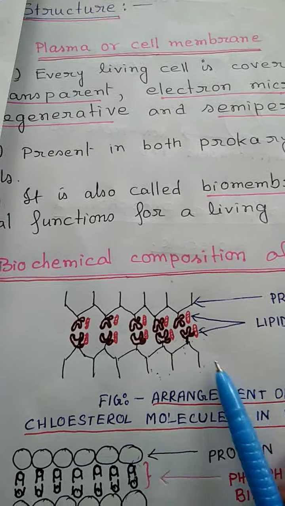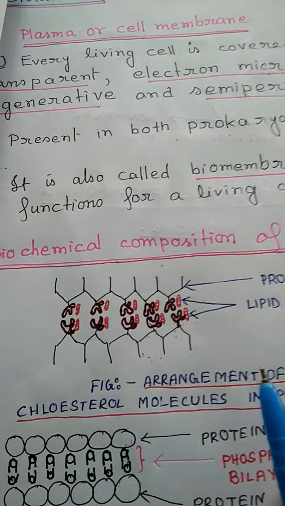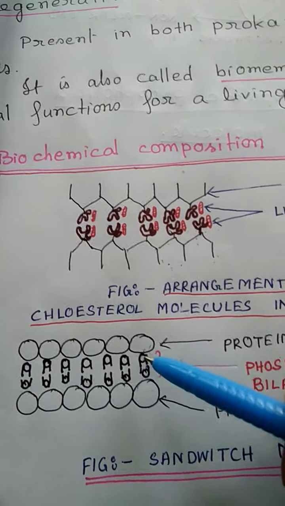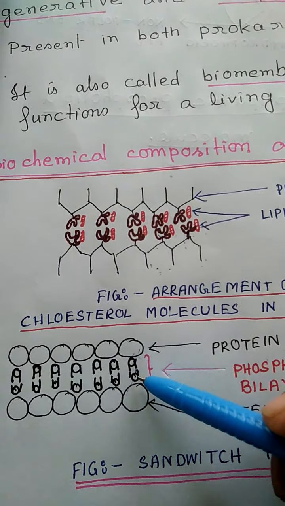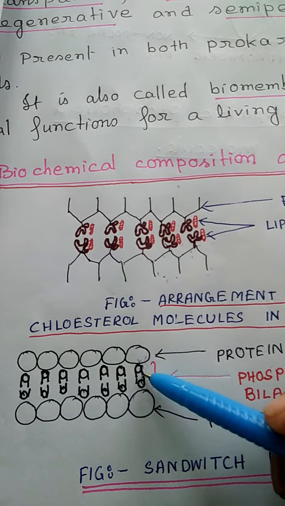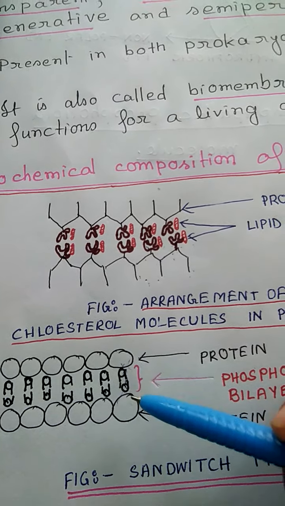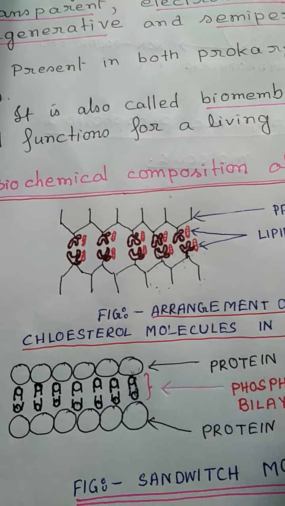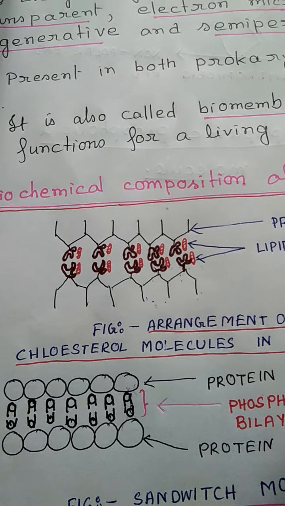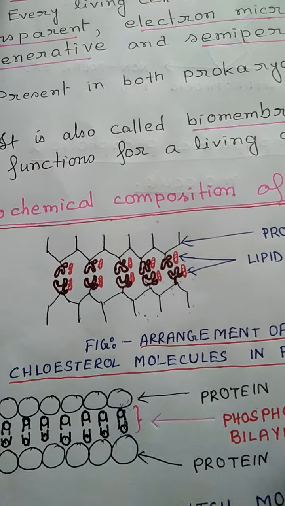Lipid molecules are arranged in a bipolar way, meaning two poles, amphipathic in nature. The hydrophilic heads of the phospholipid, the two polar parts, are opposite to each other, and the non-polar parts are adjacent to each other. This arrangement forms a water-resistant barrier and allows faster movement of fat-soluble molecules. Cholesterol molecules stabilize the plasma membrane.